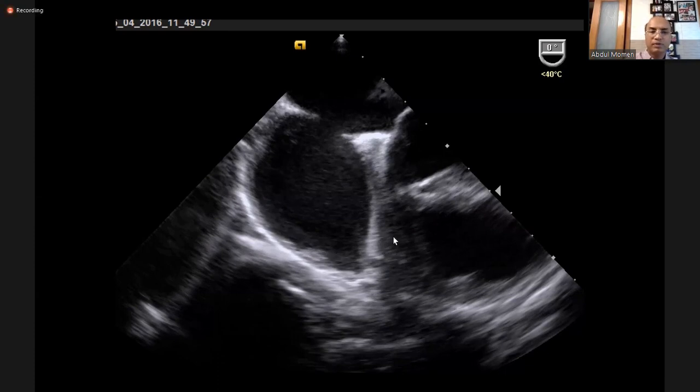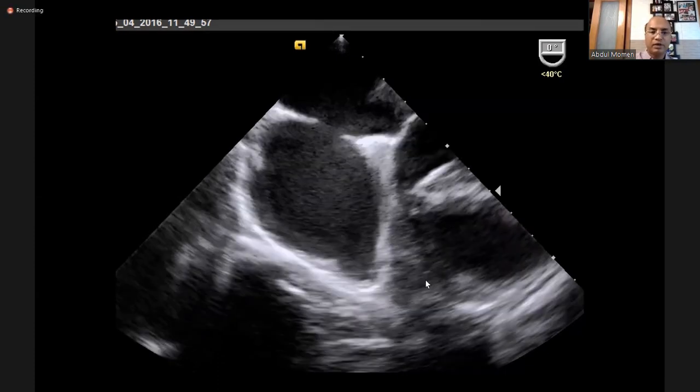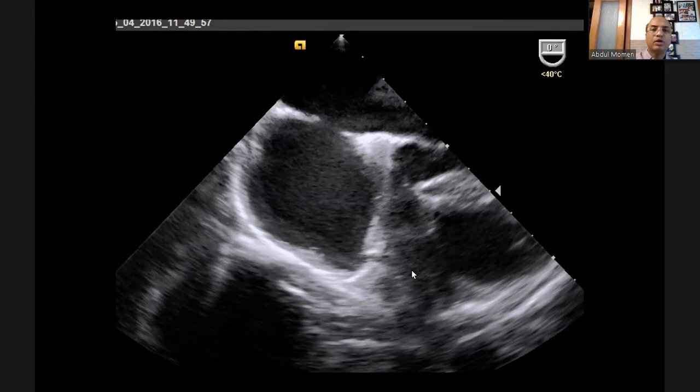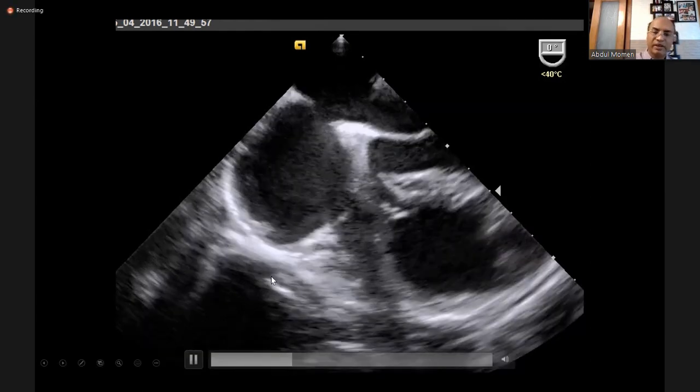If we stop here, this is the mitral rim, this is the posterior superior rim, this is the atrium. Okay?